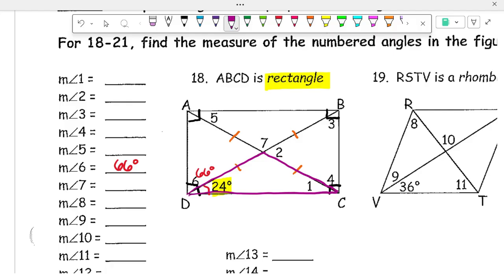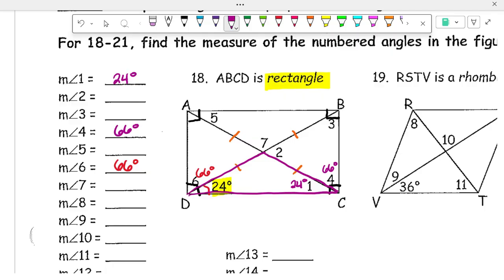Two of the angles are congruent, and it's the angles opposite the congruent sides. Is 1 opposite one of the congruent sides? Is 24 opposite one of the congruent sides? Yes, so they're congruent to each other. So 1 is 24. So if 1 is 24, what's 4 automatically? 66, because that's to equal 90 degrees. So we're done.